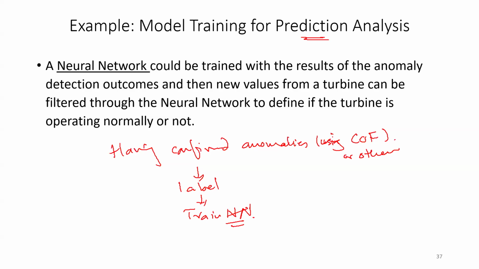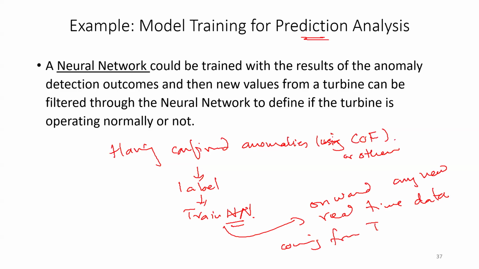From here onwards, any new real-time data coming from the turbine is passed through the trained model, and the system automatically detects whether the equipment is operating normally or not. If there is any risk of failure or performance degradation, this will be detected.